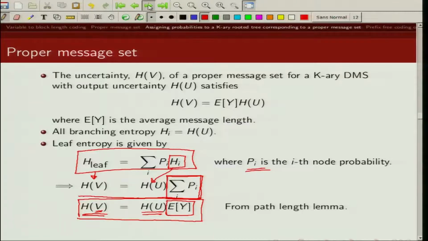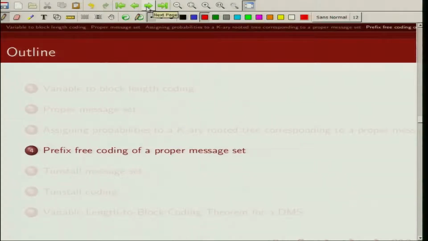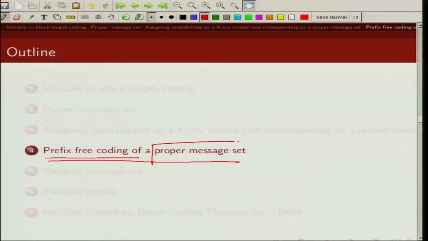Let's just take a small diversion and find out how we can do a prefix free coding of a proper message set. Now if we do a prefix free coding of a proper message set, that would make it a variable to variable length coding. Why? Because a proper message set takes variable length input and gives a fixed length output, and a prefix free coding takes a fixed length code and gives a variable length output.